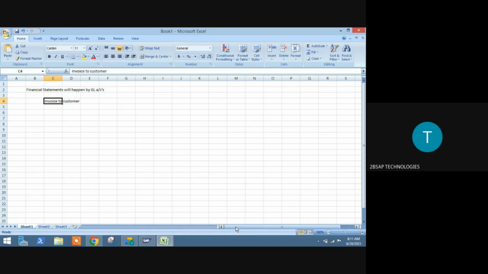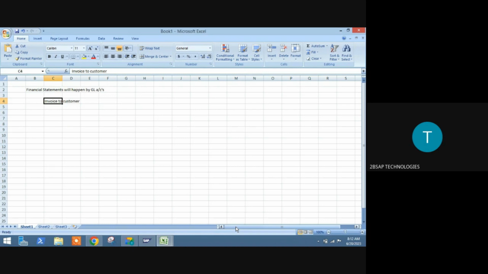Let's assume you are raising an invoice. Customer is 1. What will you do? Debit 1, credit revenue GL. Correct, sir? Now, if I want to generate a report for customer 1, am I able to generate it or not? Yes. The reason is you have done your transaction with respect to the customer master data.